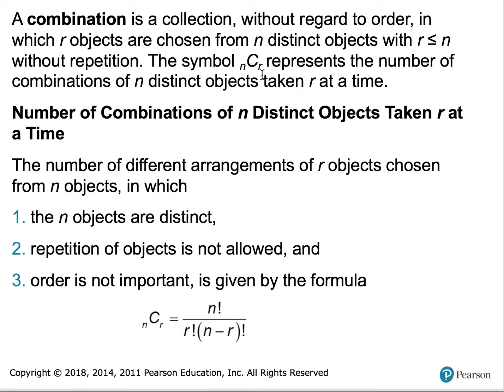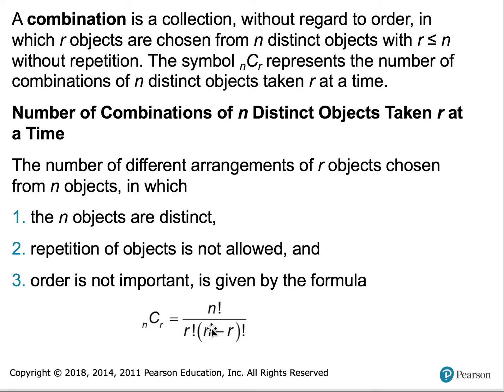An easy way to read this also, a keyword for permutations is the word arrangement, arranging. A keyword for combinations is choose. You're just choosing and the order doesn't matter. So you can read this, N choose R. Right? You've got N and you're going to choose R of them.